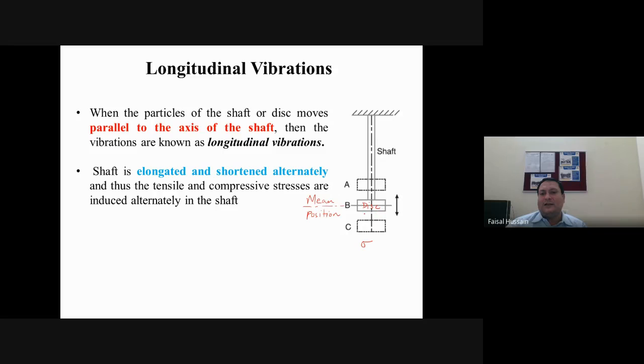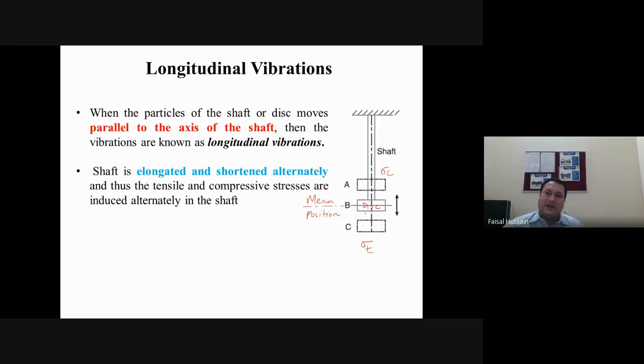Here, see, the disk is elongated and it reaches position C from mean position B. Because of elongation, tensile stresses will be developed. Similarly, the disk is deformed, or gets shortened after elongation, and it reaches position A. Here there is shortening of the length, and compressive stresses will be induced.